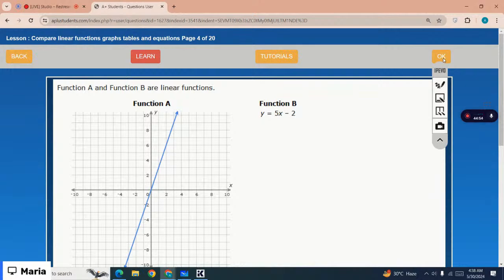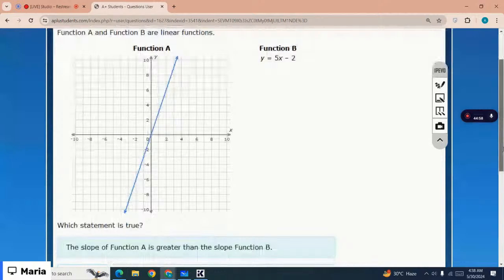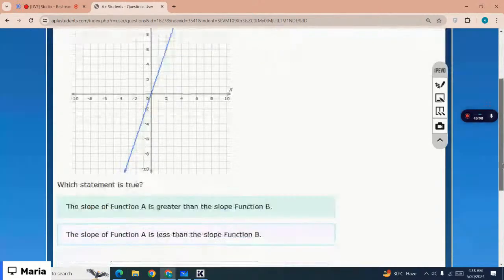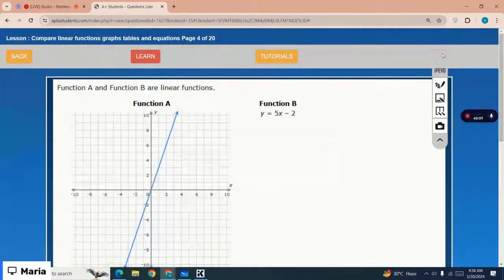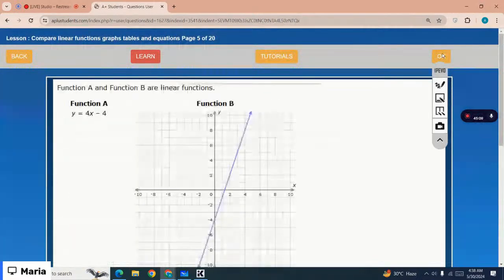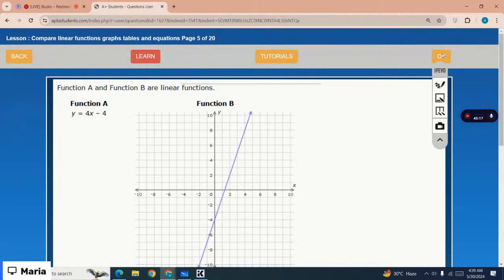Okay, so the slope of function A is less than function B, right? Option number B is the correct option. Slope of function A is less than slope of function B. Function A and function B are linear functions.